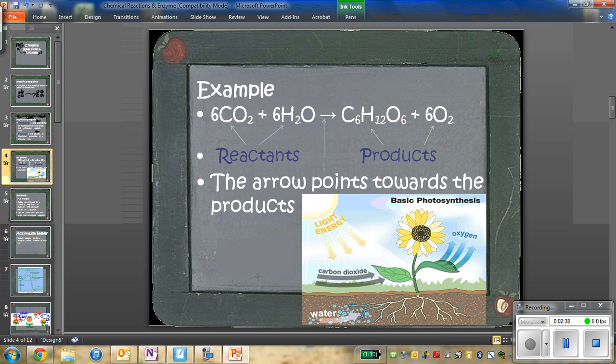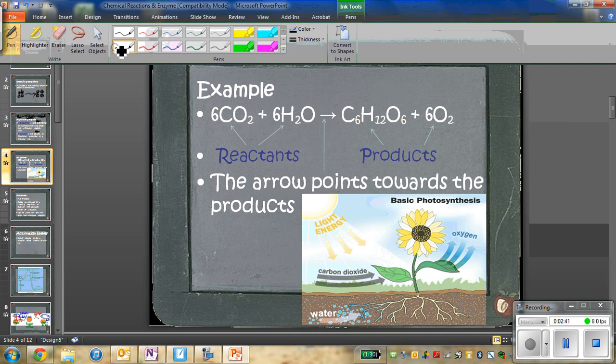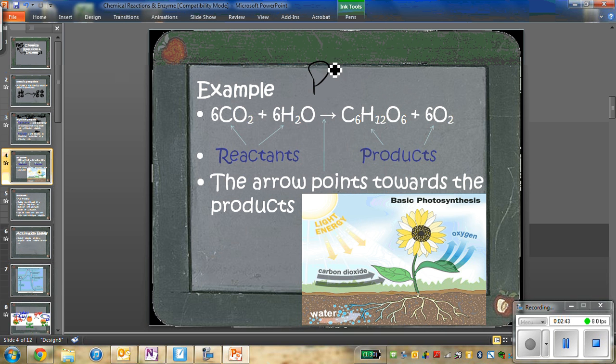Here's one very famous example. What we call this is photosynthesis. Photosynthesis occurs in plants. We'll talk about this more throughout the year. The reactants for photosynthesis are very simple: carbon dioxide and water. And actually, funny enough, there is one missing, and that one is sunlight. So those three things go into a plant, here's our plant right here, this arrow, and then out come the products.